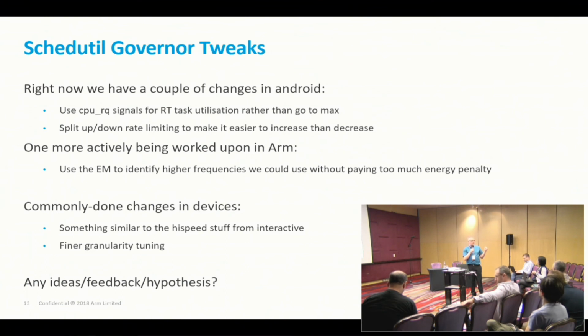A bunch of implementations add a new sysfs file for that and allow you to set it on a per cluster basis, which is kind of interesting because it means you can be more aggressive on the little CPUs and less aggressive on the bigger ones. You can tune it to match how expensive it is to move up the curve. So maybe that's also something we need to consider for upstream.